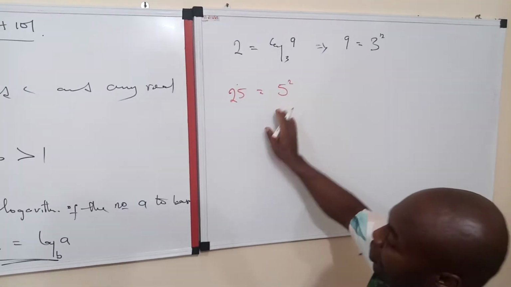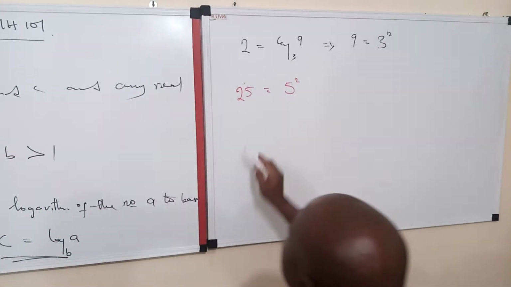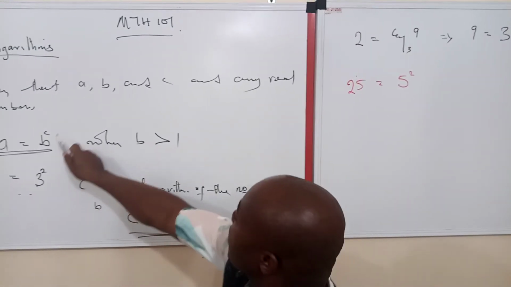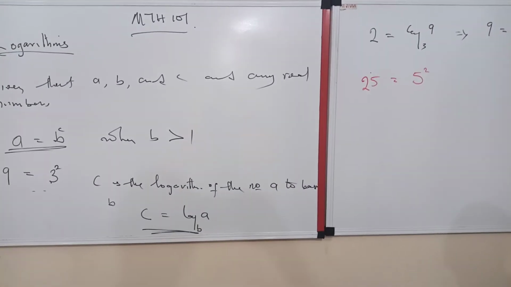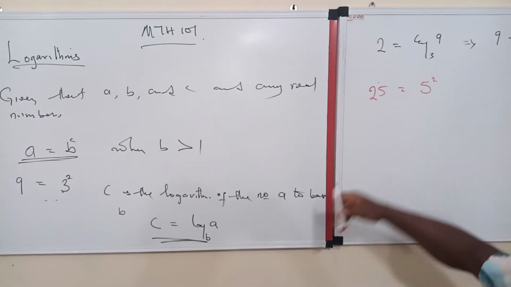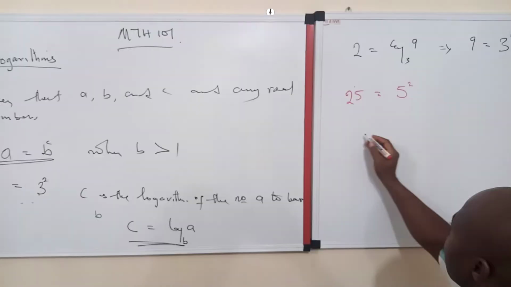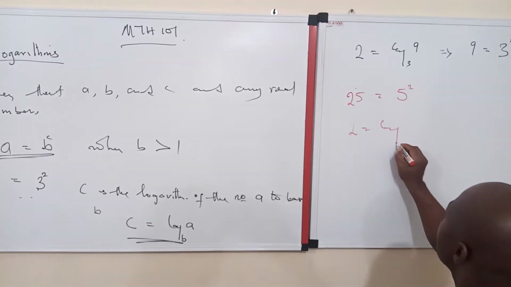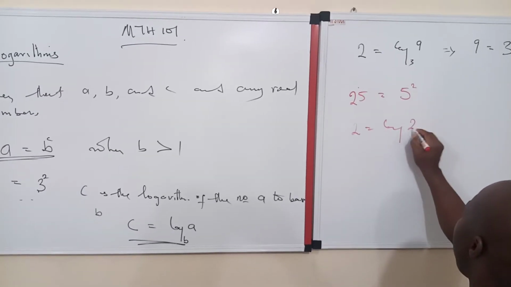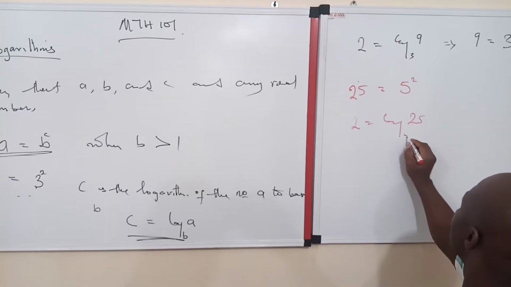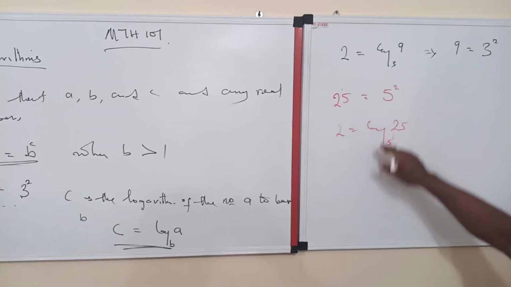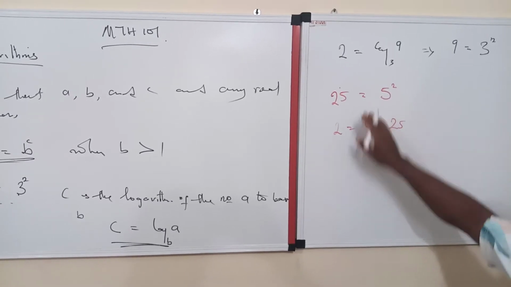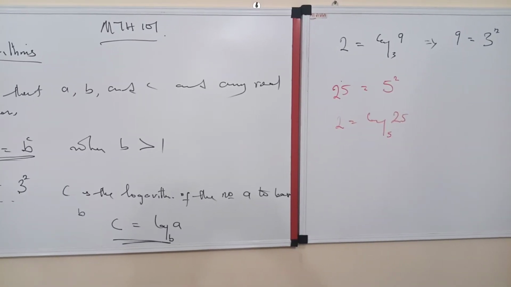From this expression, you can see that our 25 is the A, our 5 is the B, and the 2 is the C. We can write this expression in terms of logarithm: 2 is the logarithm of the number 25 in base 5. So if you are not comfortable with one form, you can use the other, and you can also write it in terms of indices.